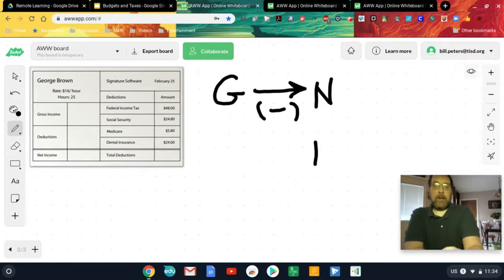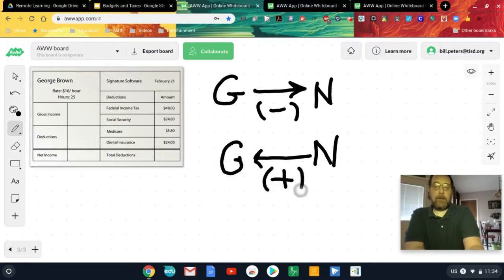When we go from net to gross, we add. Deductions, as you can see here, we have federal income tax, Social Security, Medicare, and dental insurance. We have to add those deductions up and then subtract it from the gross income.